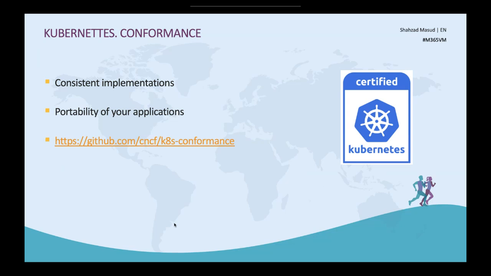Once that is done, you can add this badge to your application, and this is definitely a sign and a sense of credibility for the whole application where this certification is there.